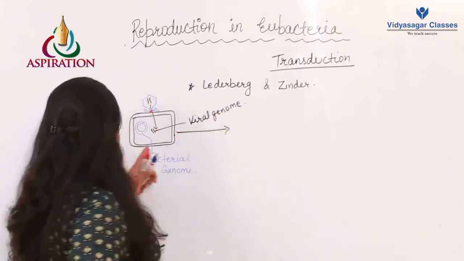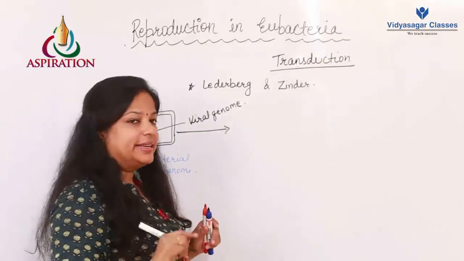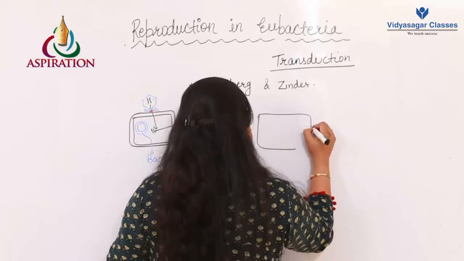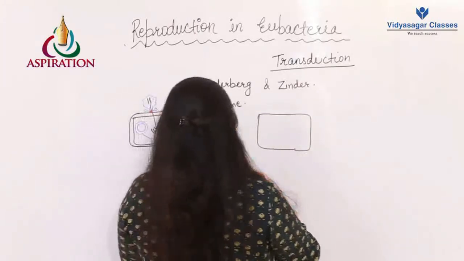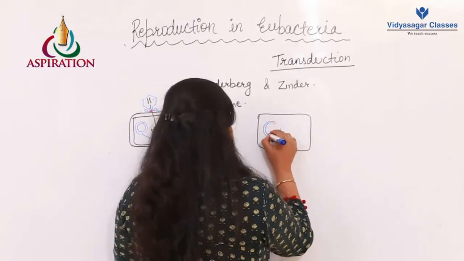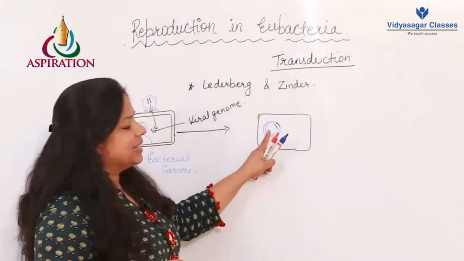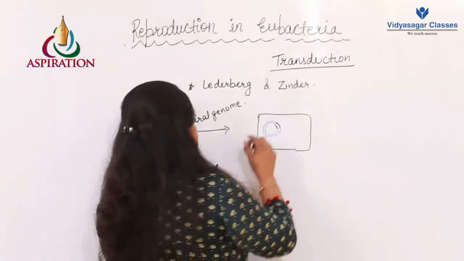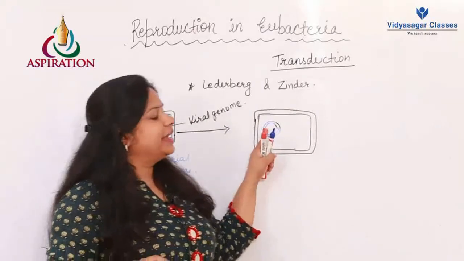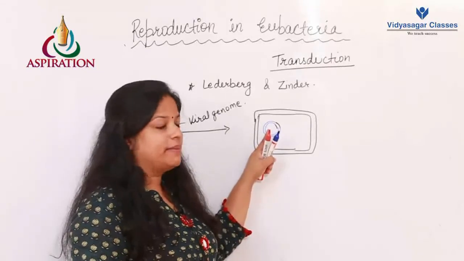Like an episome, this viral genome gets associated with the bacterial genome. In the next step, the bacterial genome and viral genome get integrated. Till the time the viral genome is integrated with the bacterial genome, it is not harmful for the bacteria.